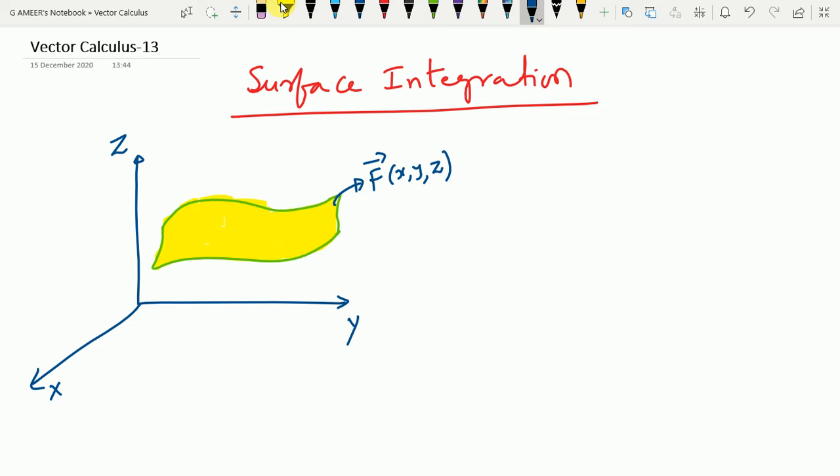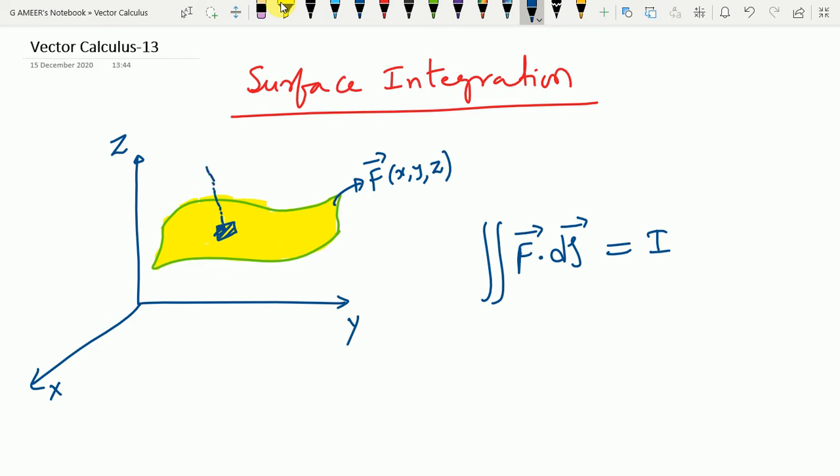First of all, let us define what is the surface integration. The surface integration is defined as a double integral of vector field F dot dS. So this integral we call the surface integral. What is dS here? I can consider a small element here, and I can draw the normal to the surface at this particular point.